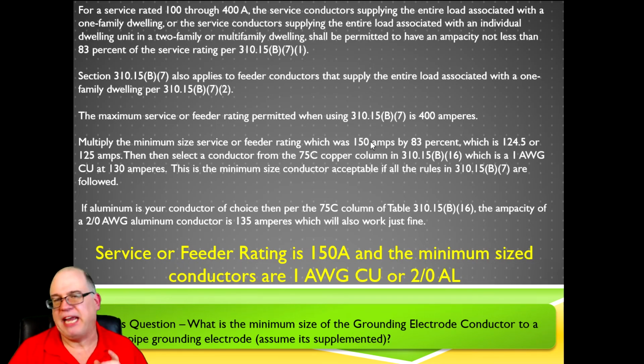Many people freak out on that because the code says, you know what, the conductors have to be sized to handle the load. Well, here I'm allowed to do that in this application. Now, in our case, it just happens to work out. We didn't have any issues when we're doing the optional method. But just don't get lost in it. Everything is okay. Don't get concerned about it when it's sizing in this application.